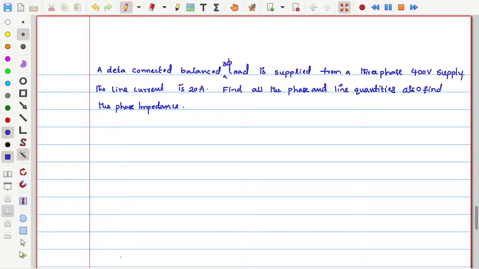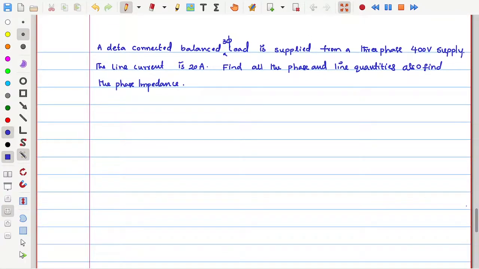Whenever you see three phase problems, the first most important thing is to try to put things into diagrammatic form. That makes your life simple. So let me take a delta connected balanced three phase load. First I will draw that load like this.